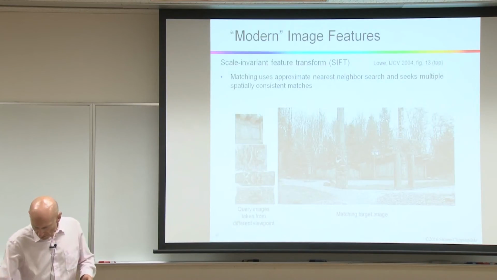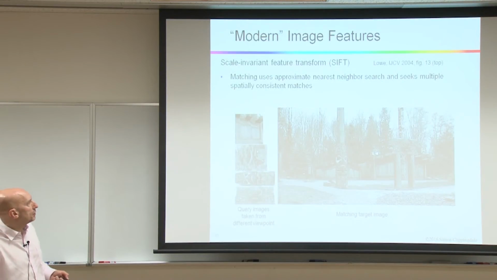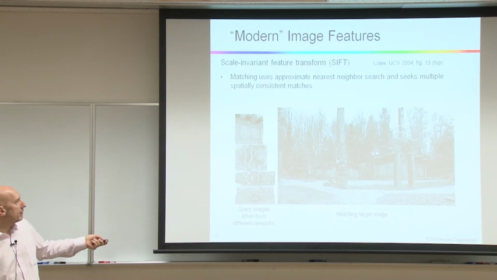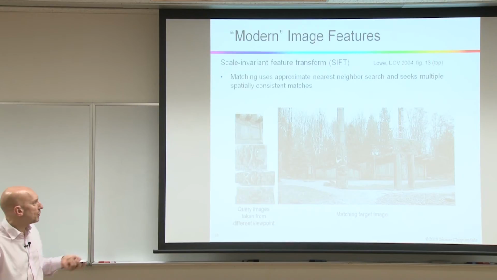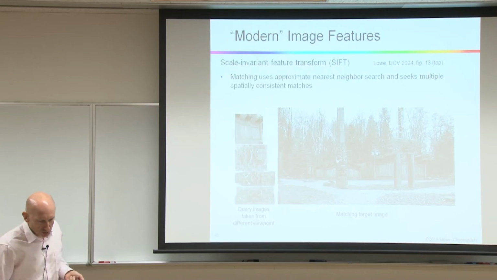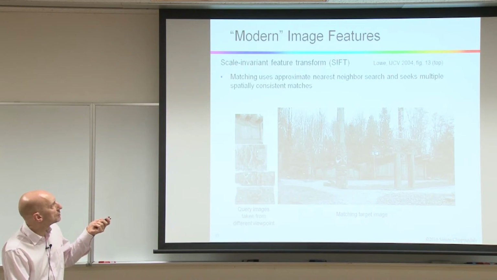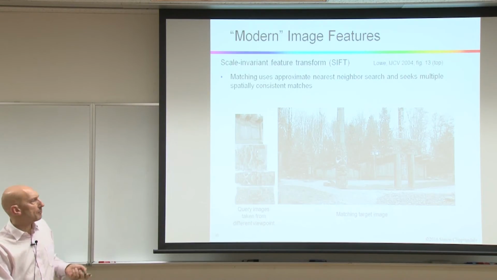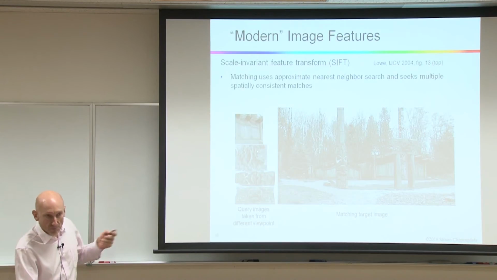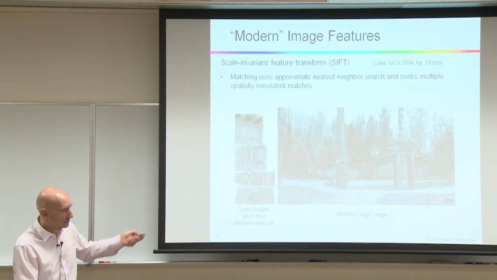Okay. Scale invariant feature transforms are good for matching, for finding regions in images. For example, here's a target image, and here are some query images taken from a different camera viewpoint, and the idea is to find these 4 locations in this image. Using these SIFT features, you can do that because these features absorb things like the dilation and rotation due to the fact that the camera viewpoint is different here than it is here.